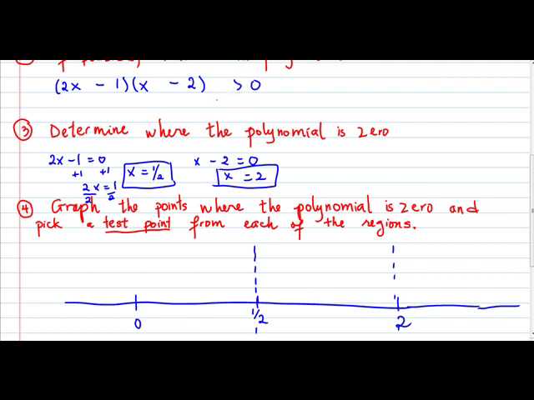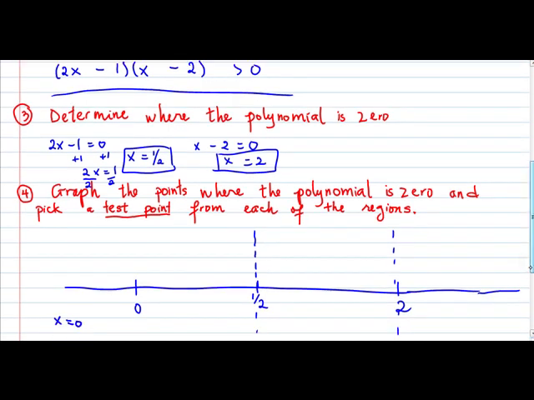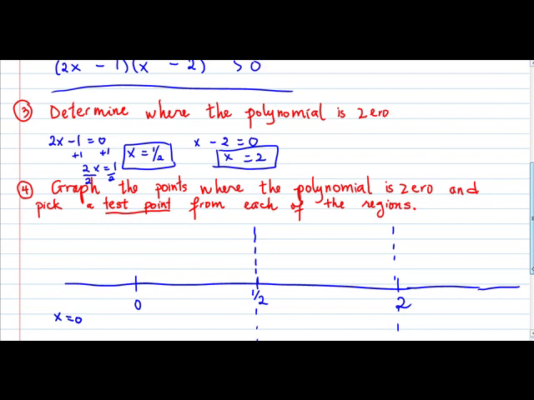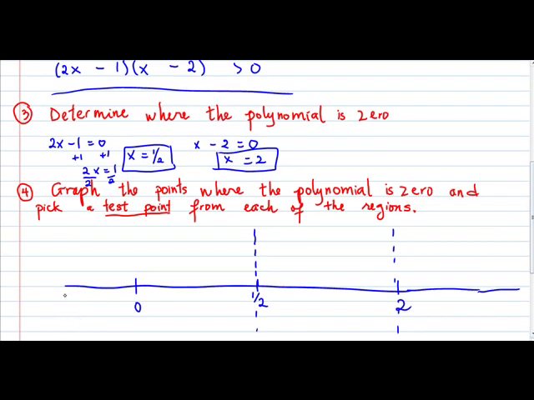So our goal now is to test to see which x values make this polynomial greater than 0. To test it, I'm going to use this step 2 here to test the point. So I pick the point x equals 0. When x equals 0, I have 2 times 0 minus 1, 0 minus 2, greater than 0.